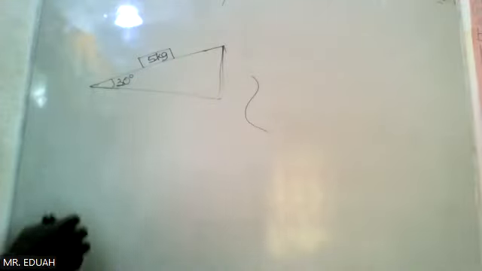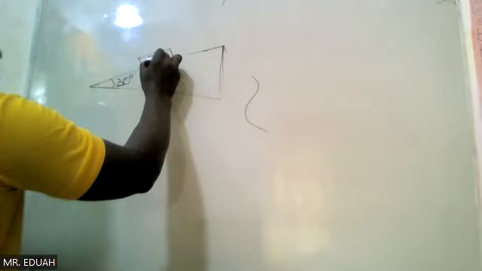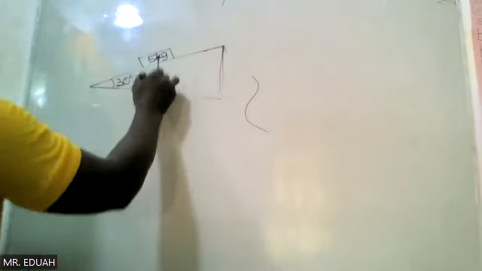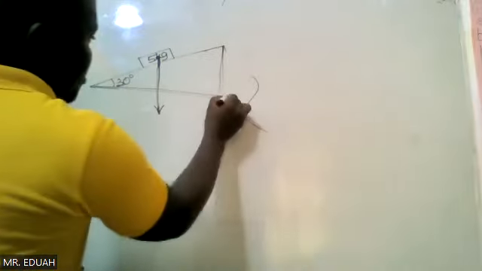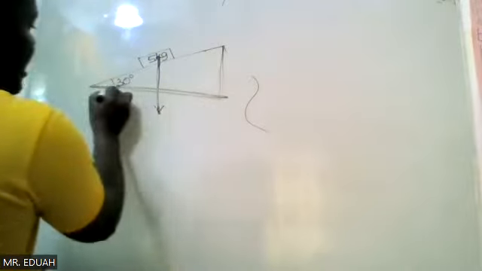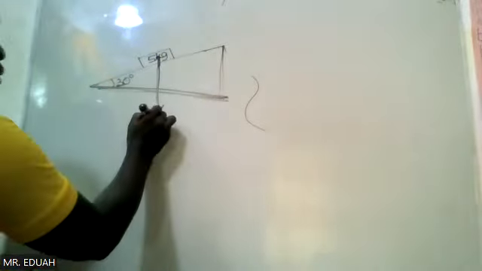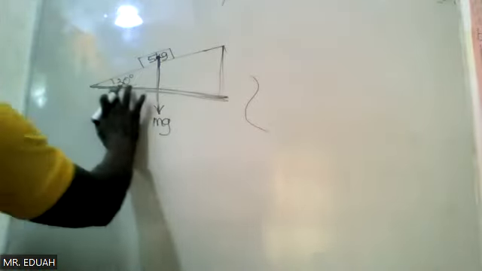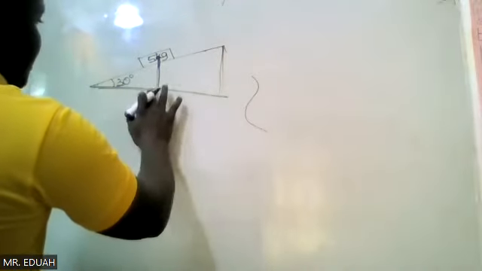But the other thing you must understand is that a body on an inclined plane has its weight perpendicular to the ground, and the base of the inclined plane lies on the ground. So this is the ground. Its weight mg is perpendicular to it, making an angle of 90 degrees to the ground.